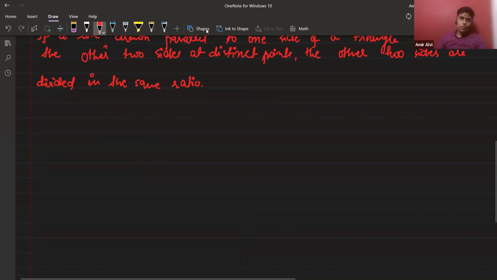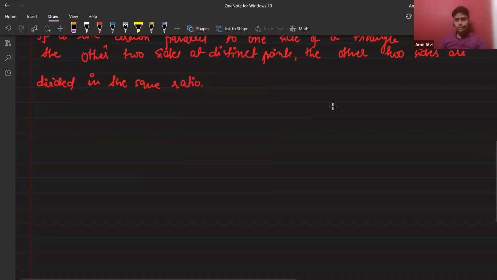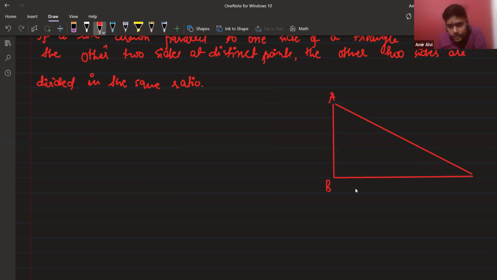So let me just explain that to you, so that in the next class we can directly start the BPT proof. So now this is A, this is B and this is C. Clear?